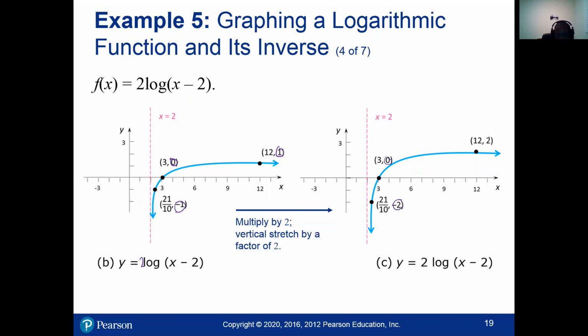And 1 times 2 is 2. If it's a vertical stretch, you multiply the y coordinate of each point by that factor. So that gives us that graph. So that's part B.